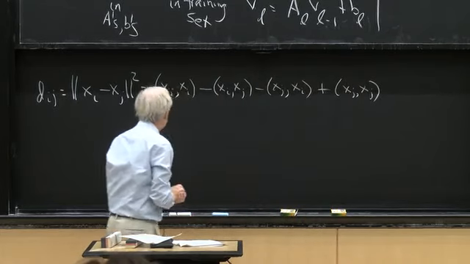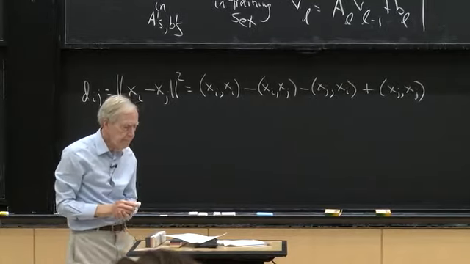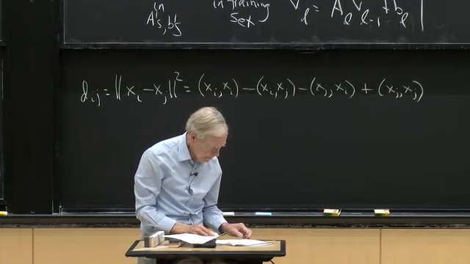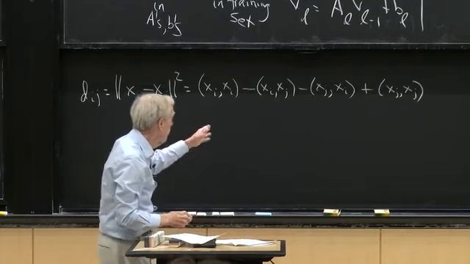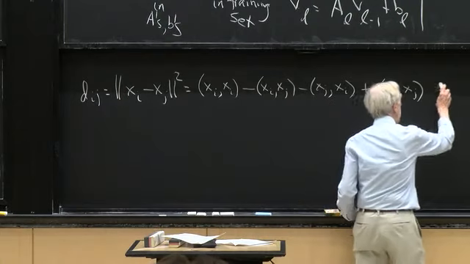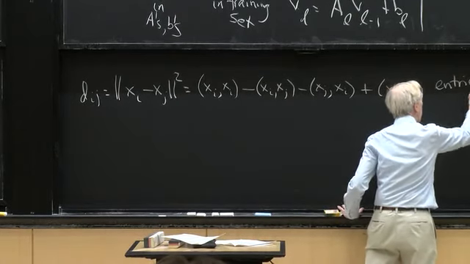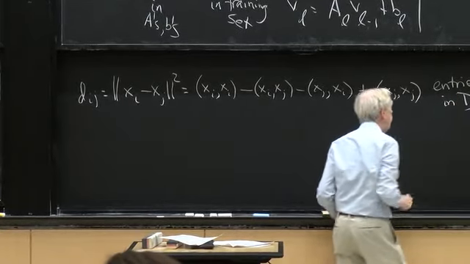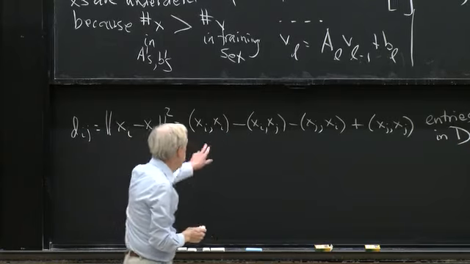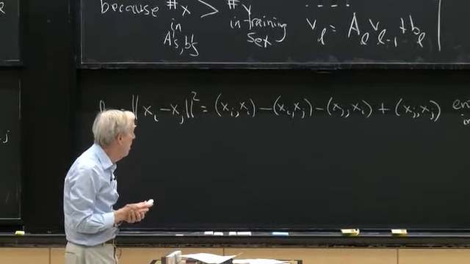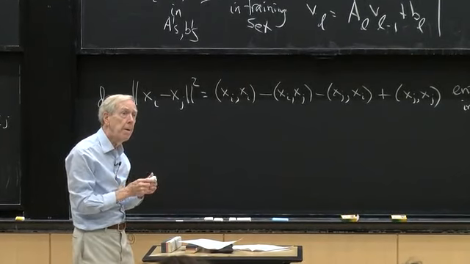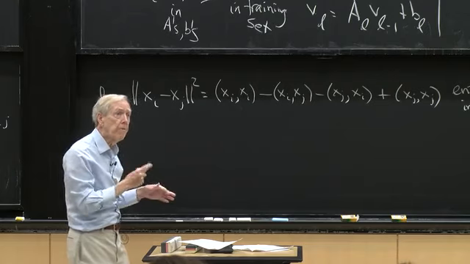Okay. Is that right? Yes. Okay. So those are the Dij's, entries in the matrix D. Well, these entries depend only on i, they're the same for every j.